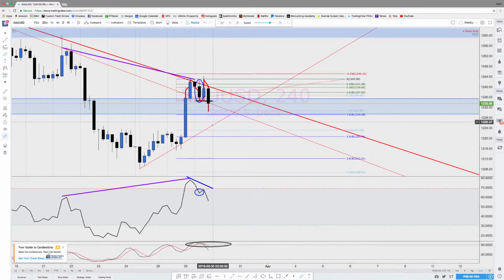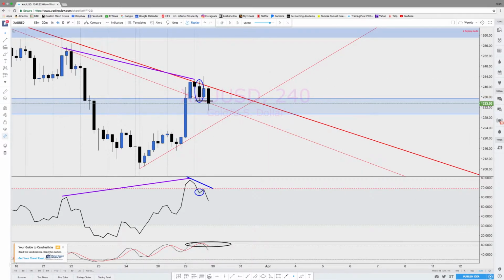What I can do here is to still try and make some sort of trade out of this. What I'll do sometimes is, instead of the Fibonacci extension, I'll take a regular Fibonacci retracement.